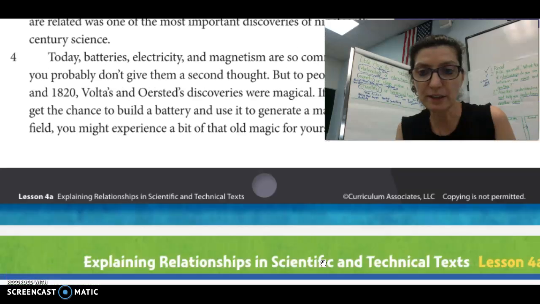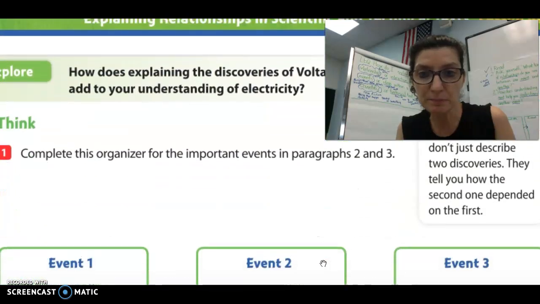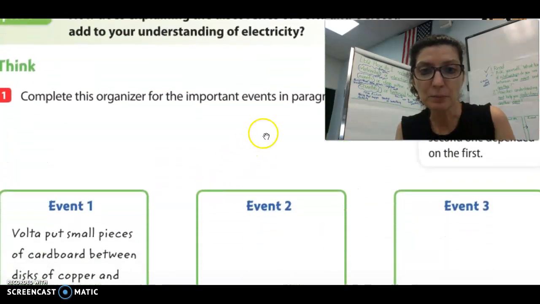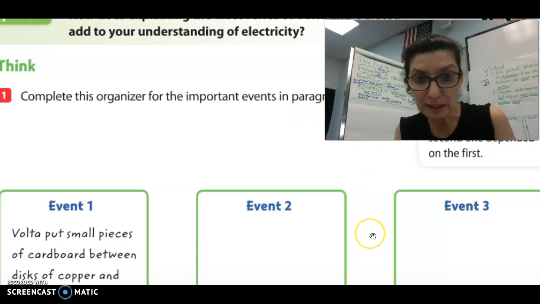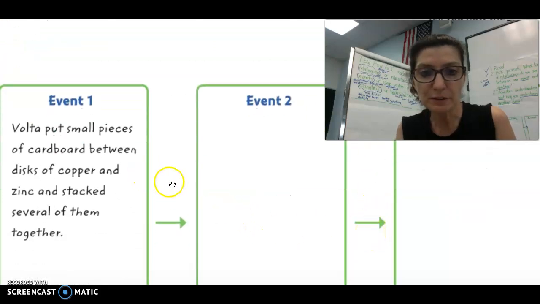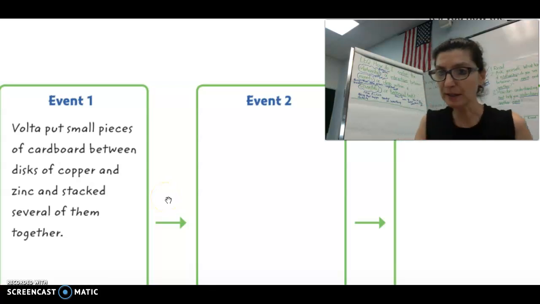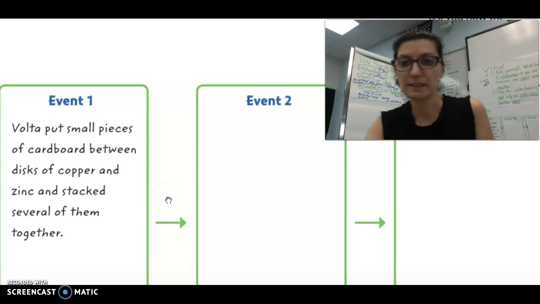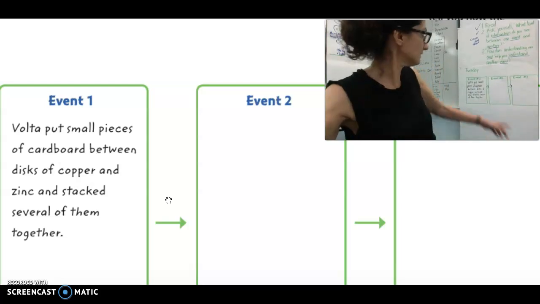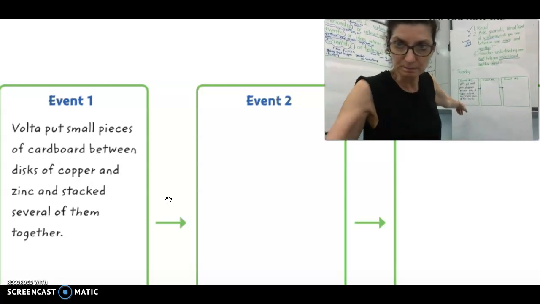All right, so when I go down to the next page, it says complete this organizer of important events in paragraphs 2 and 3. So let's look at the first one. Do you notice that it's just like mine?